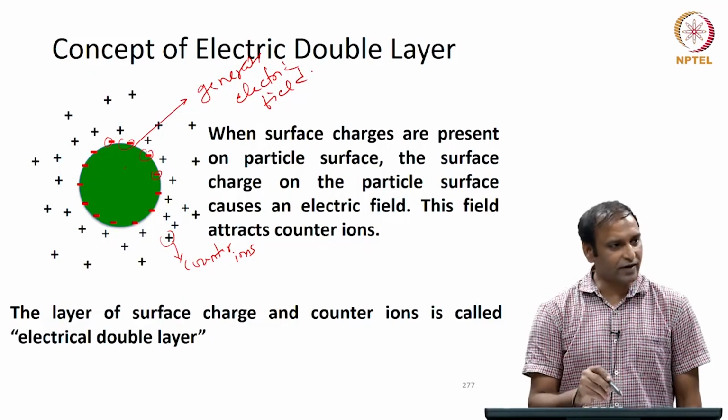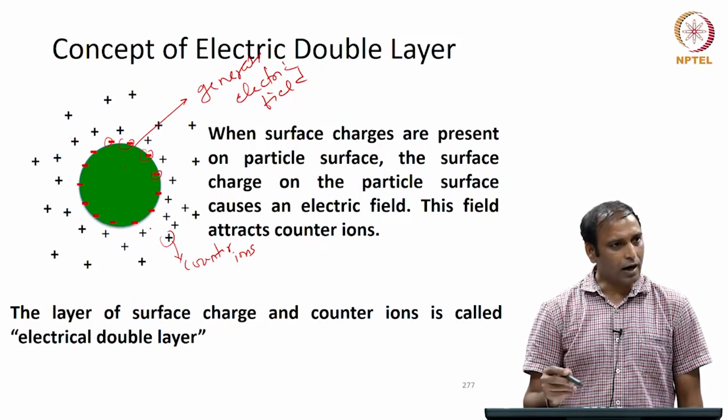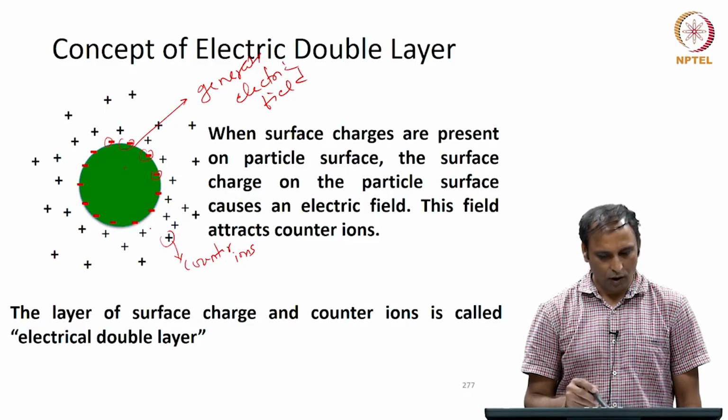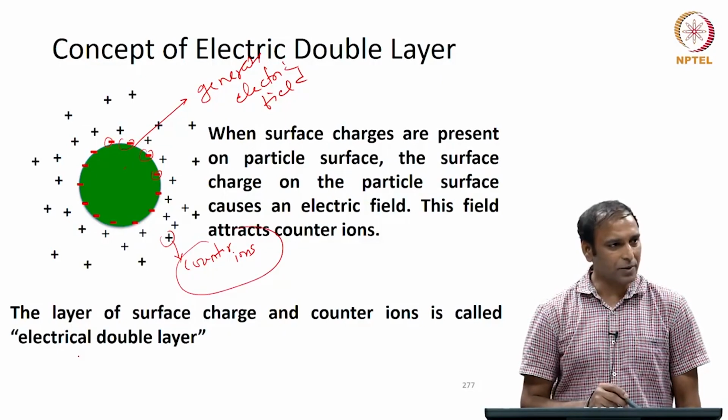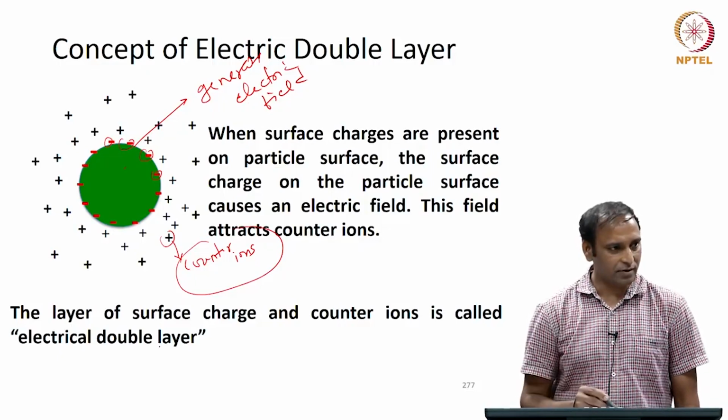And because of the electric field generated by the charges on the particle surface, it is going to attract oppositely charged ions, or the counter ions are going to be attracted to the surface because of the electric field.